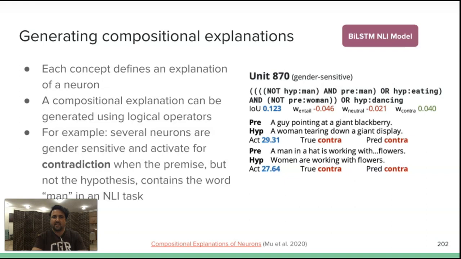For example, in an NLP task, neuron 870's logical expression looks for a specific pattern like absence of a man in the hypothesis and presence in the premise, or a mention of eating in the hypothesis and absence of woman in the premise, or mention of dancing in the hypothesis. So quite a vivid description, but this description maximizes the role of this neuron in the task in terms of intersection over union, a metric that the authors used.